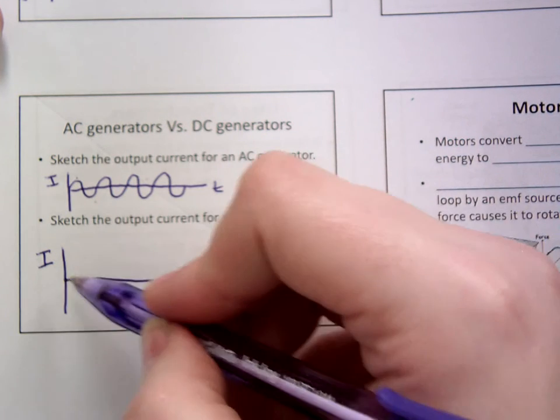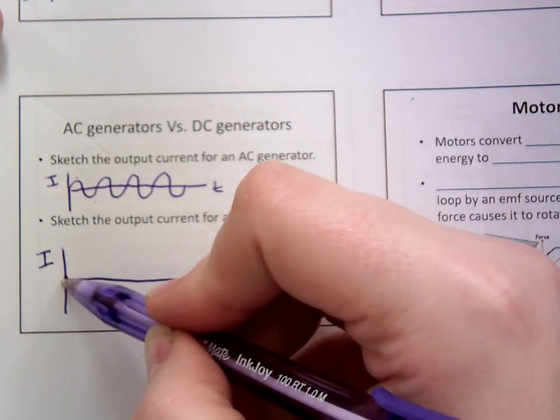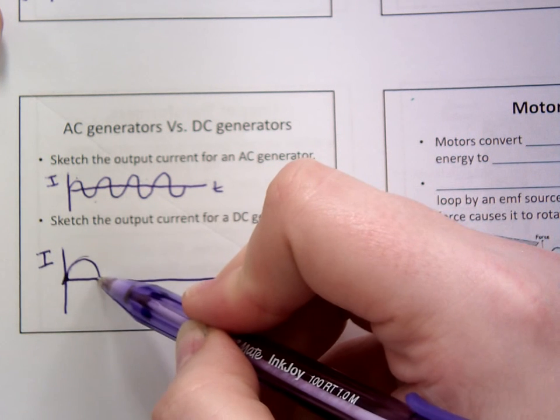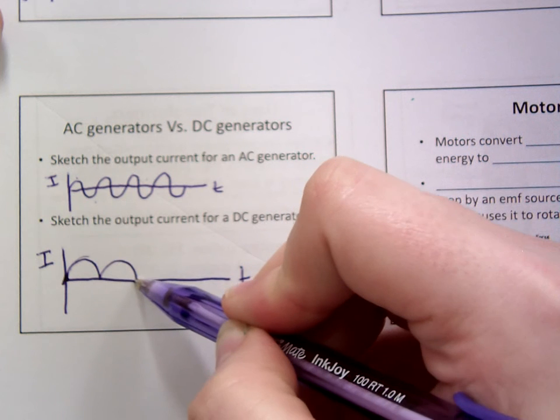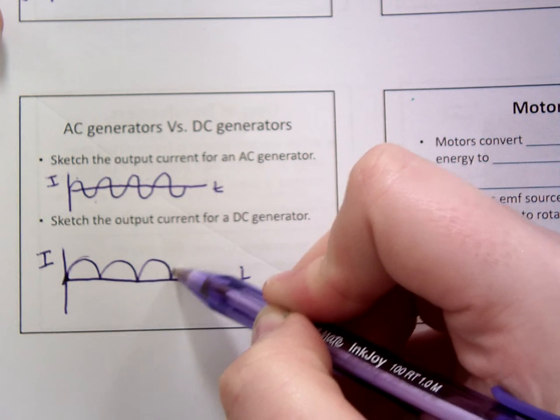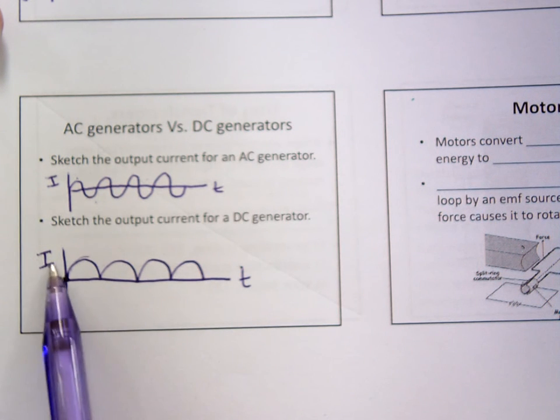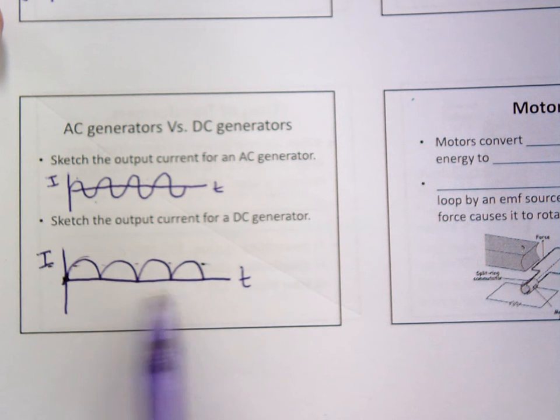But within that, it's still going to get strong and weak. So 0 to its maximum, back to 0, and then just going to keep going in the same direction. So it looks more like that. So your current stays going in one direction, but gets stronger and weaker as it does so.